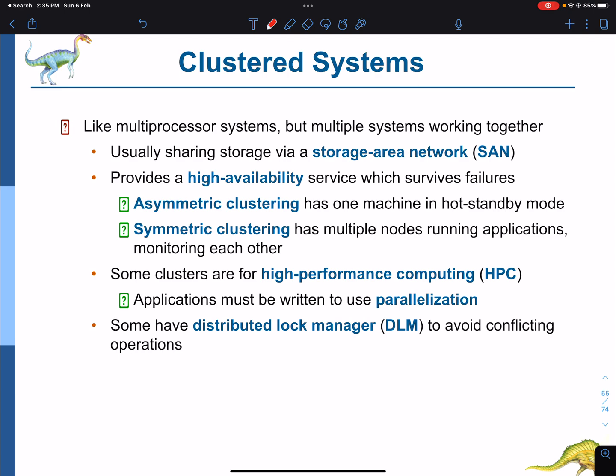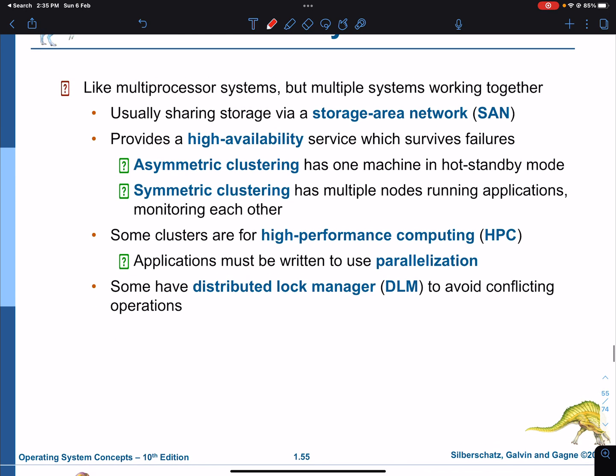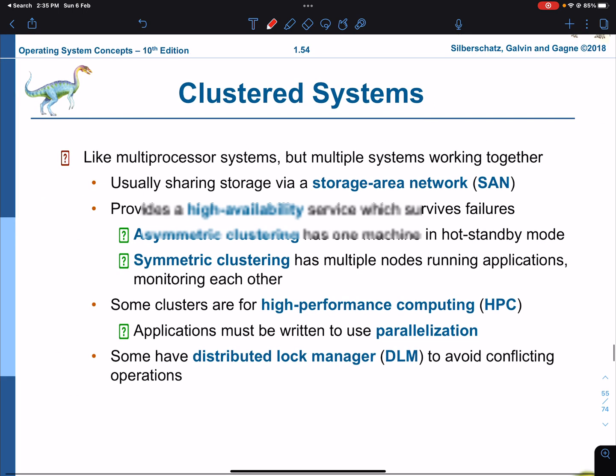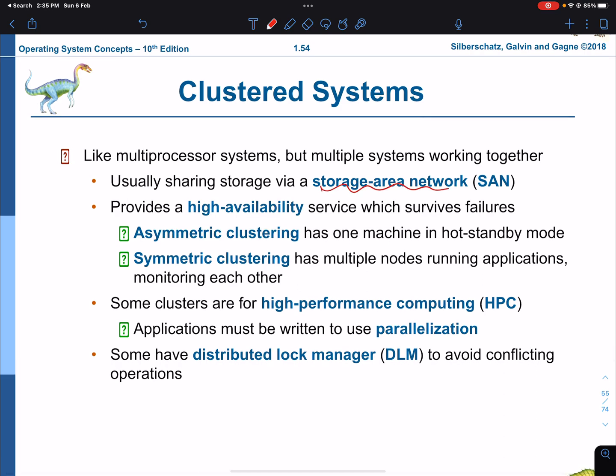Like multiprocessor systems, but systems working together. Look at that. Usually, we share storage via a storage area network. That's the clustered. We call it a storage area network. Like what?